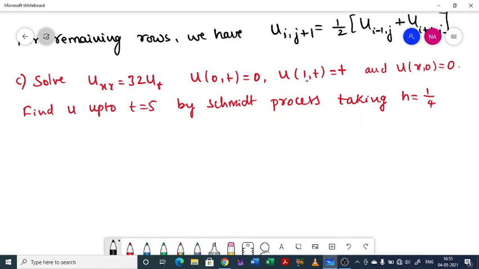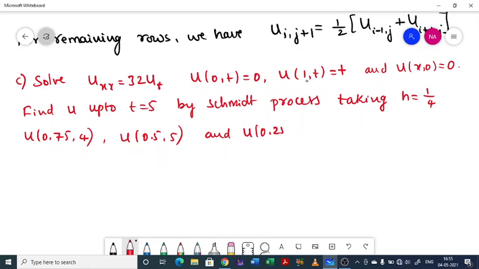Also extract the values u of 0.75 comma 4, u of 0.5 comma 5, and u of 0.25 comma 4.